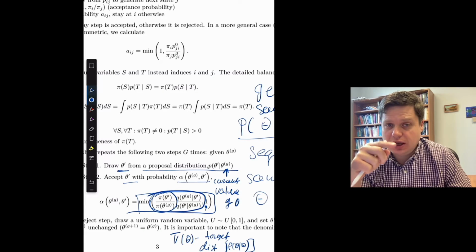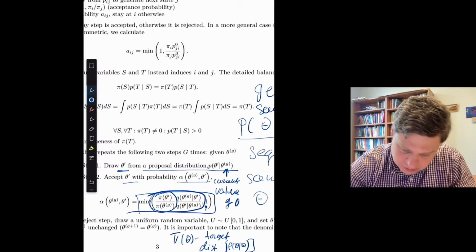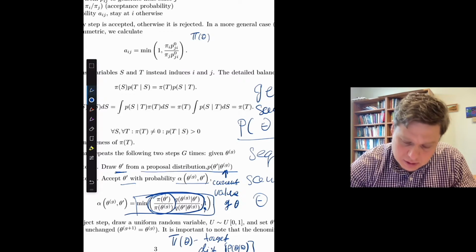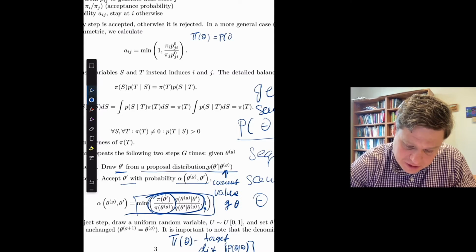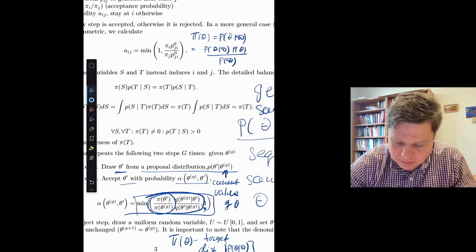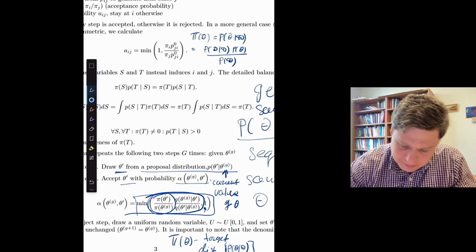And actually, if you take the ratio, let's say our pi of theta equals p of theta given data, and you remember that it's p of data given theta times the prior p of theta divided by p of data. So the p of data is the hard part, right?